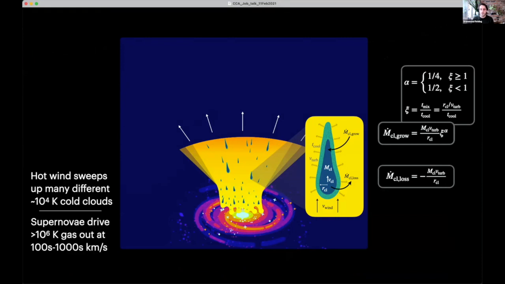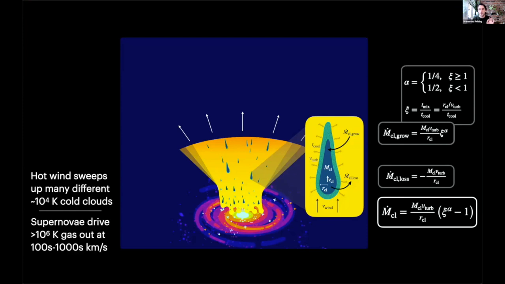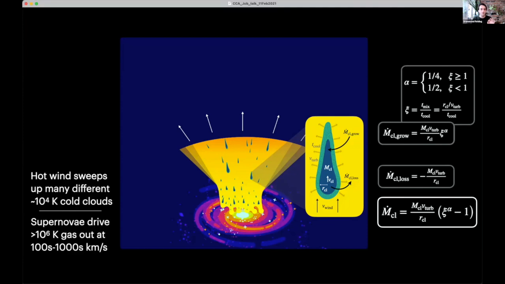Okay, here's the answer without getting too technical. This C number is the crucial thing for whether the clouds keep on growing. I talk about cloud size, but it's cloud size relative to the turbulent velocity times the cooling time. So what happens as these winds expand out?